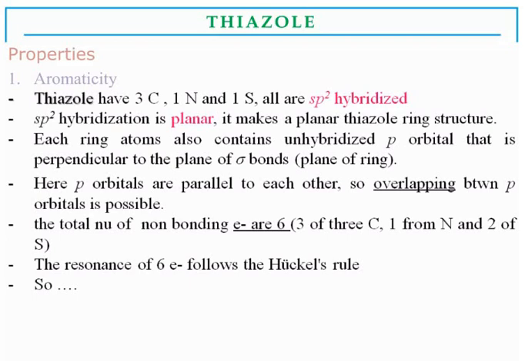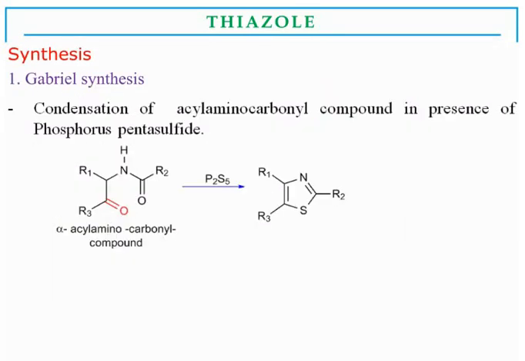So the total number of electrons is 6: 3 from 3 carbons, 1 from nitrogen and 2 from sulfur. The resonance of 6 electrons follows Huckel's rule. So all these conditions are found in thiazole. So it is aromatic.